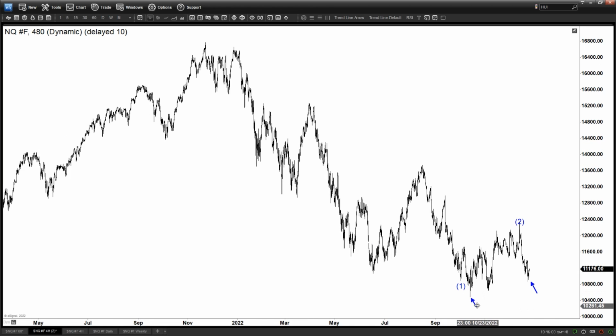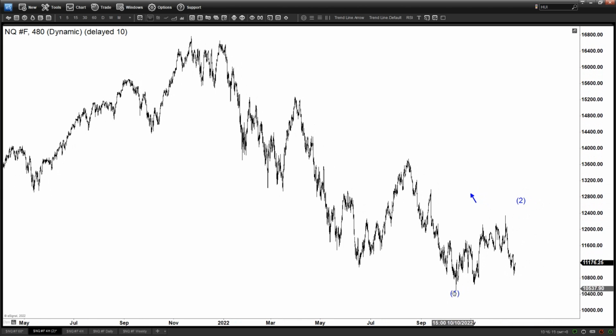Now until that happens, technically speaking, we might even do a double correction here. So for example, this 5 waves, instead of an expanded flat, could have been the first leg of a new move, either 1, 2, 3, 4, 5 on the upside, or at least an ABC.